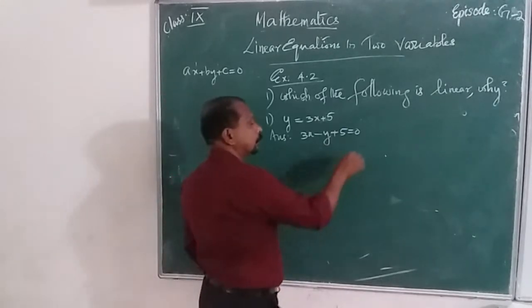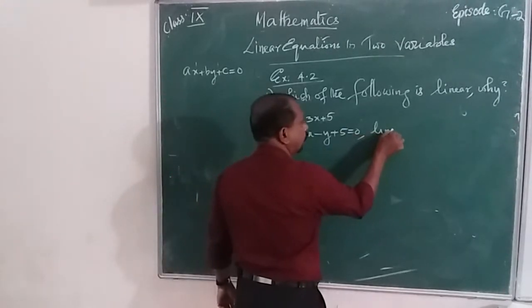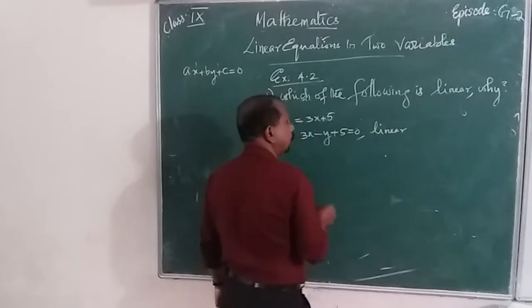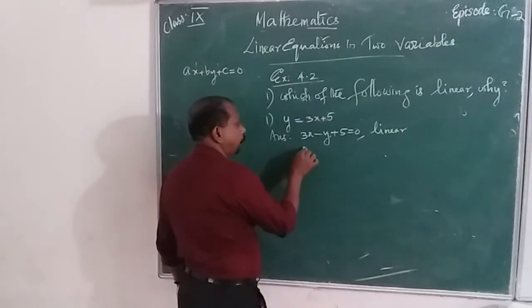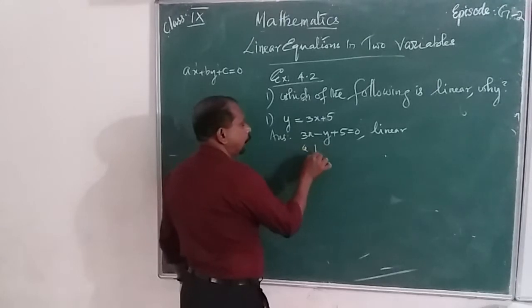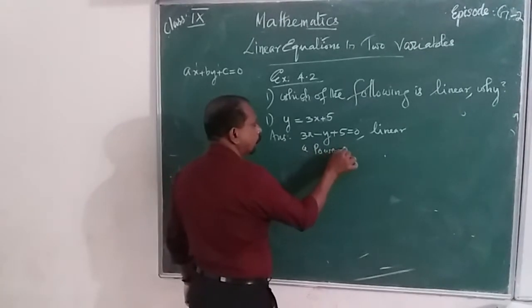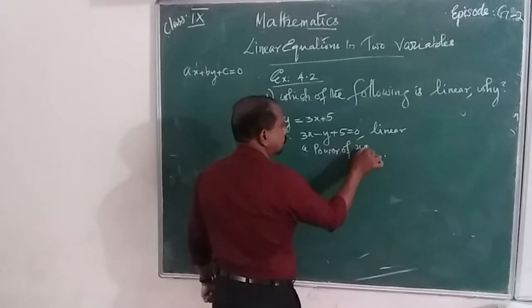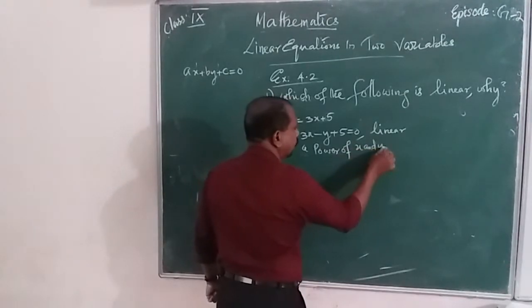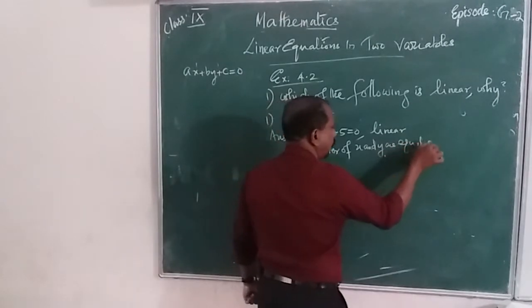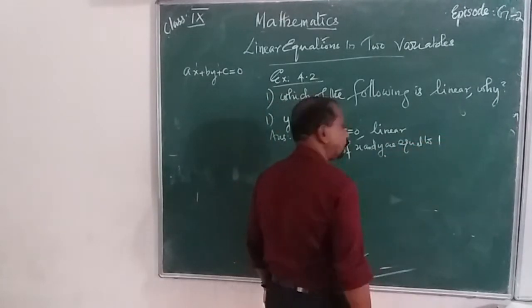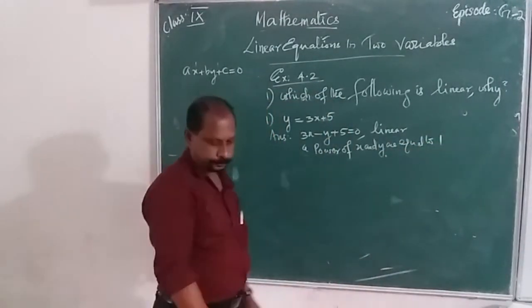Therefore it is linear. Why? Because the powers of x and y are equal to 1. That is first degree. That is the answer.